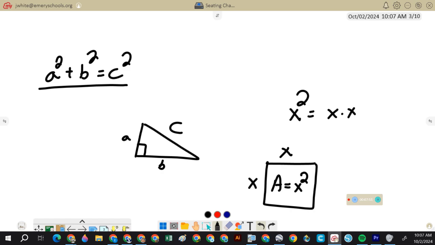So, with that in mind, what does this mean? What is a squared? Well, it's the area of what?